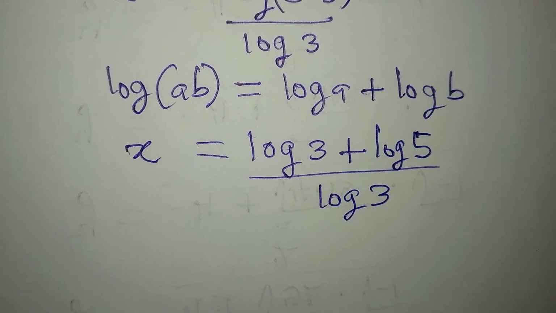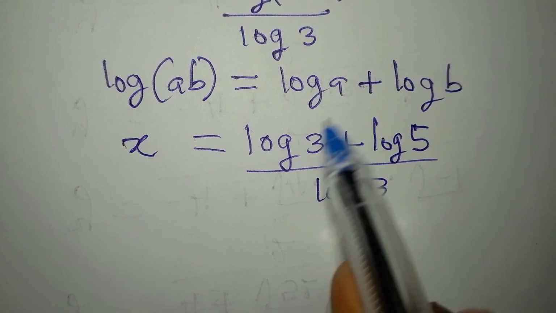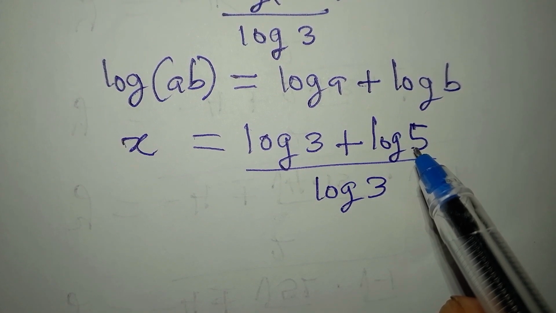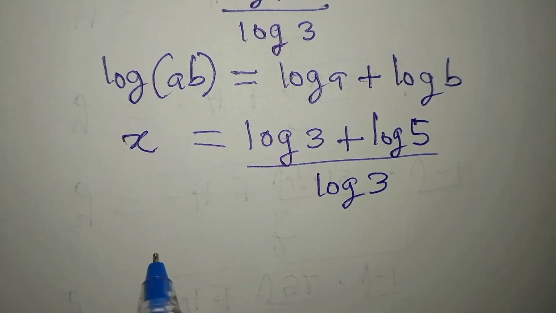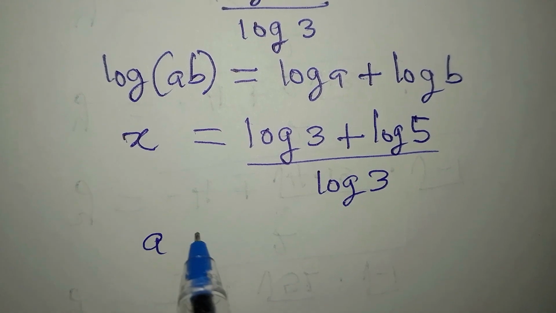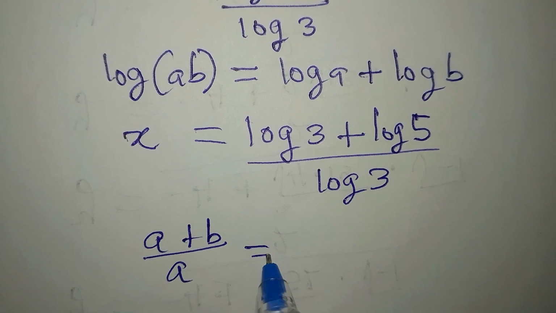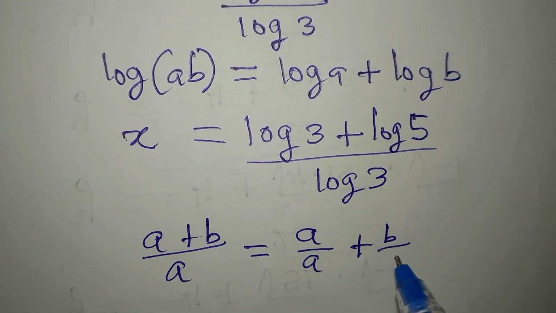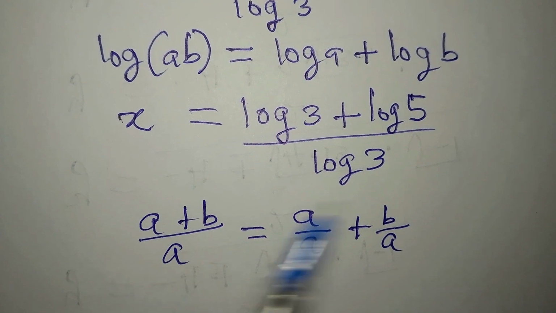And again, there's another point you should know. You cannot say log 3 will cancel log 3, so that we'll have 1 plus log 5. That would be wrong. If you have something in this form, a plus b over a, it is the same thing as a over a plus b over a. Okay, because this a is for both a and b.